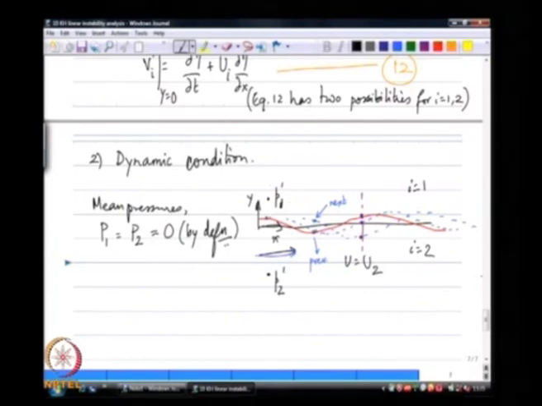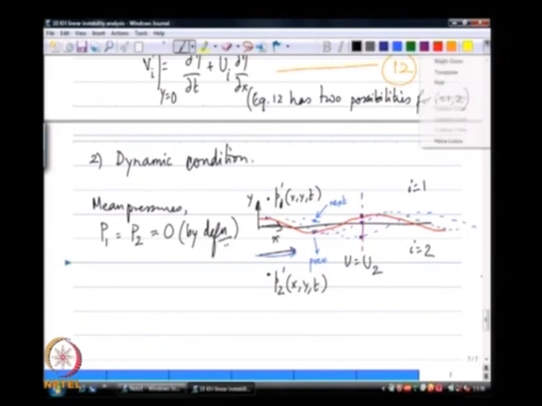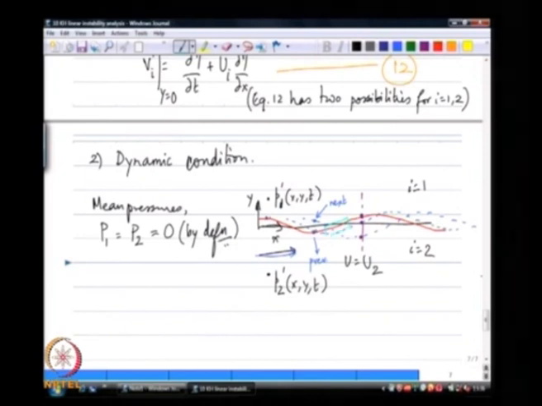That is what already appeared in the governing equations 8, 9 and 10. Okay. So, if this P1 prime and P2 prime are now functions of x, y and time, if I take an arbitrarily small element of fluid just like that and draw a free body diagram of it.